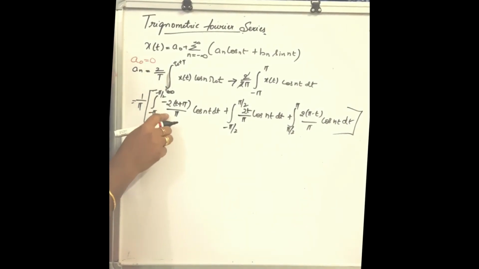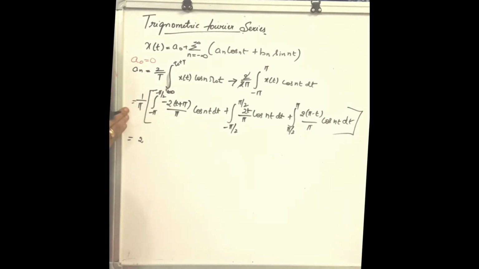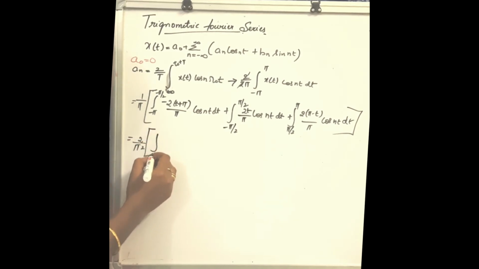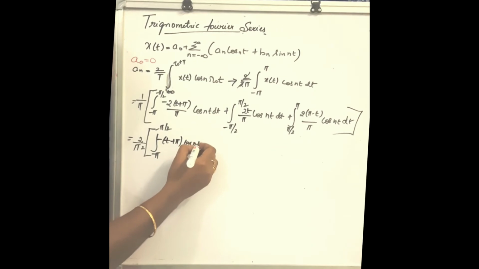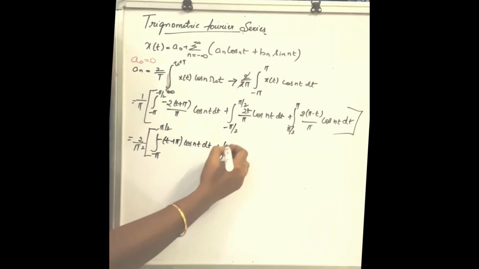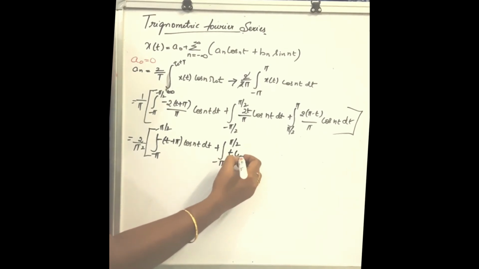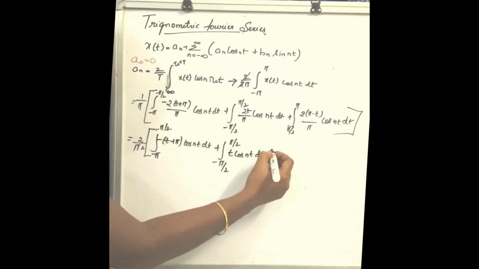Here we are going to remove 2 by pi outside. From each term 2 by pi gets removed, and we multiply in front with 1 by pi. So this becomes 2 by pi square into, for minus pi to minus pi by 2, minus of t plus pi cos nt dt, plus minus pi by 2 to pi by 2 of t cos nt dt since we have removed 2 by pi outside.